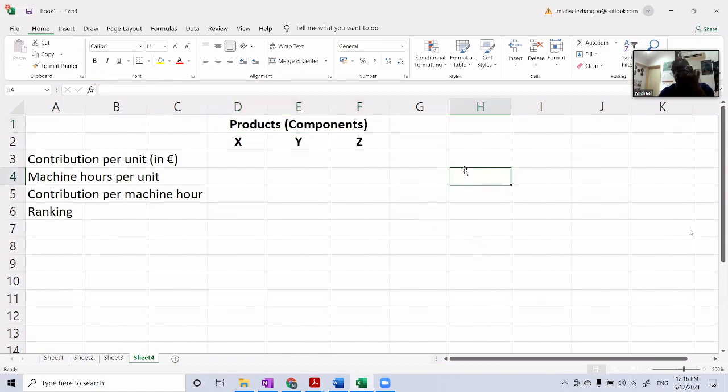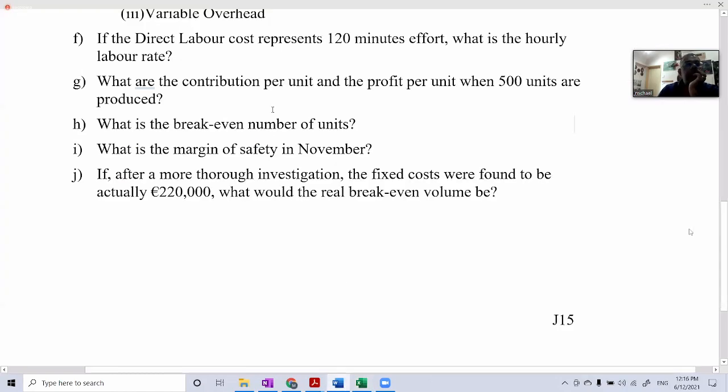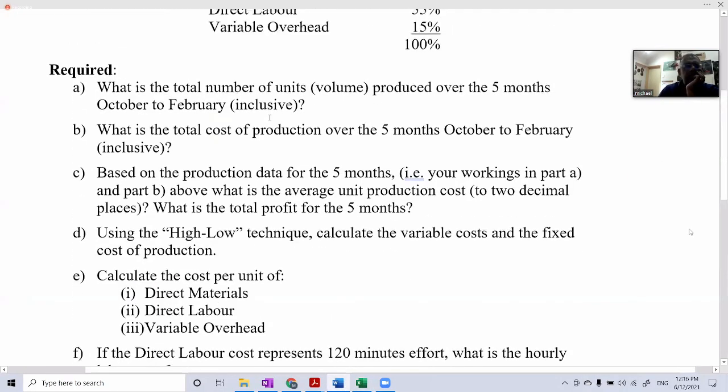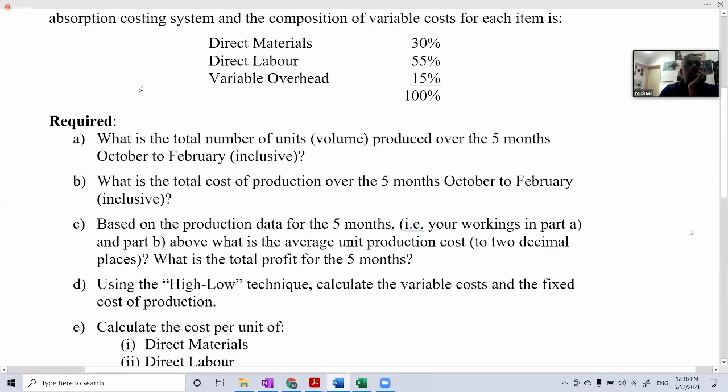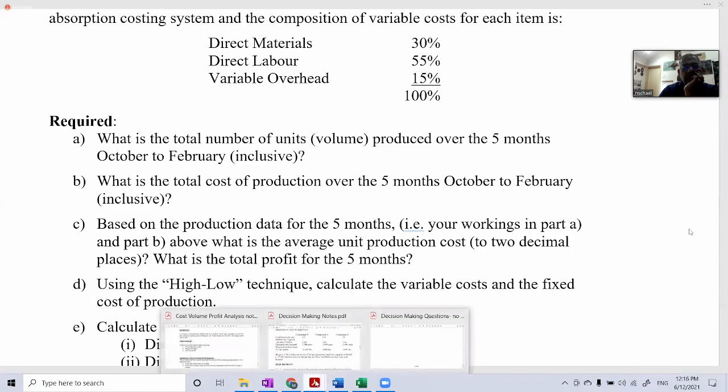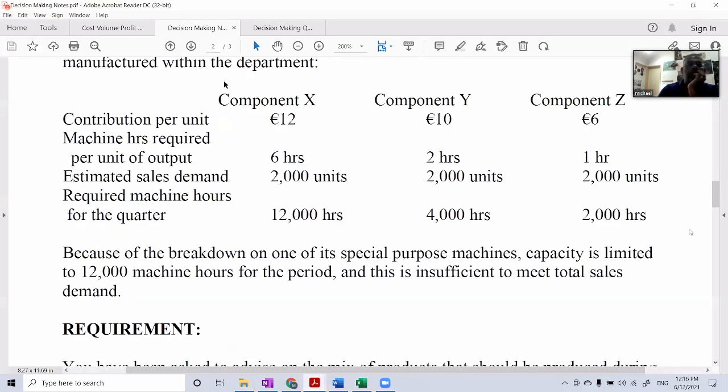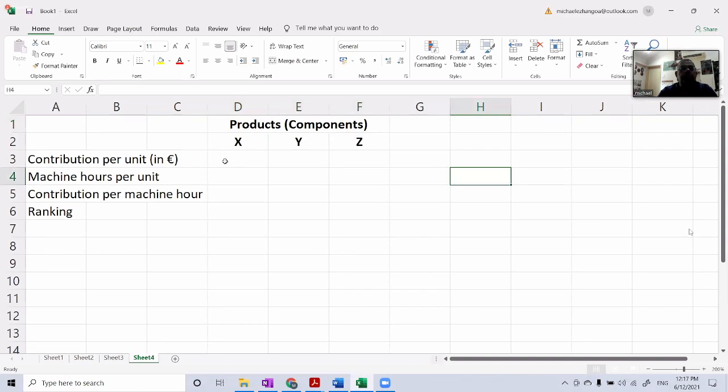Create a neat table. I don't think you'll be doing Excel, but even if you're doing it on pen and paper, you've got to make your answer look neat. So contribution per unit is 12, 10, and 6.